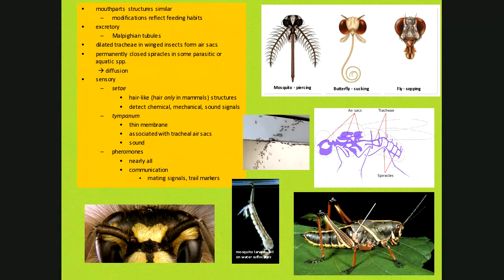Sopping is to lick up, like a dog would sop up gravy out of a bowl. So that's kind of interesting when you think about that fly crawling around, actually kind of puking on your food. And of course, you shoo it away, bye fly, and you eat the hamburger without ever thinking about it.